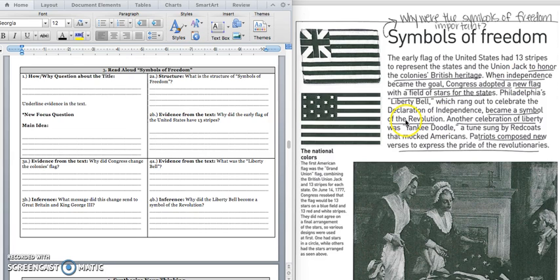And when you think about it, the reason the Liberty Bell rang was to signal to everyone in Philadelphia that the colonists had agreed to take that step toward independence. They had agreed to risk their lives to fight for independence.